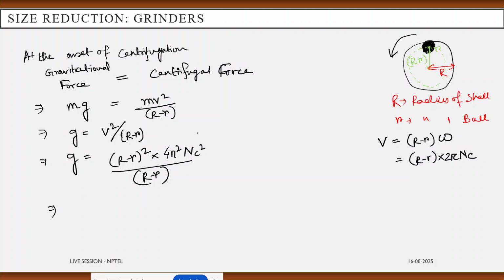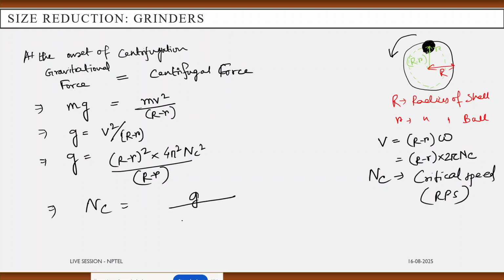So we need to know what nc is. nc is the critical speed, which is in rps. So nc square can be written from here as g by capital R minus small r into 4 pi square.